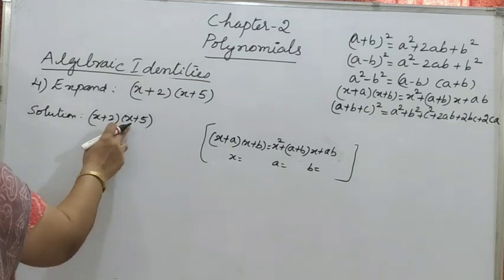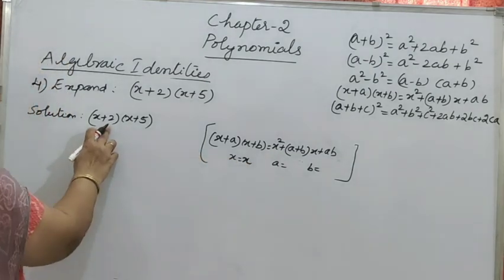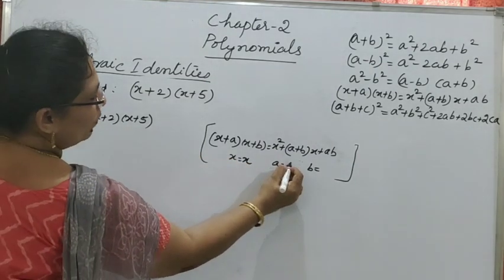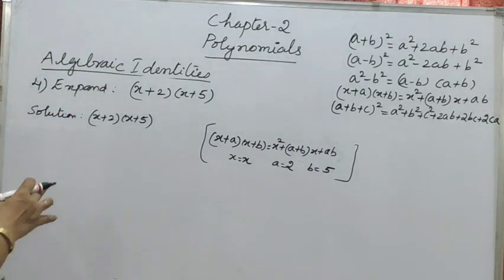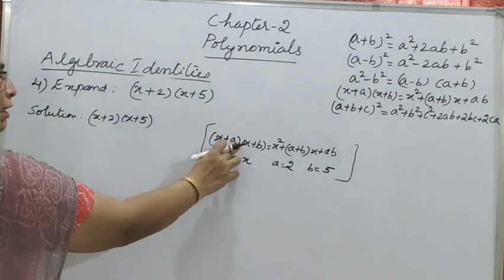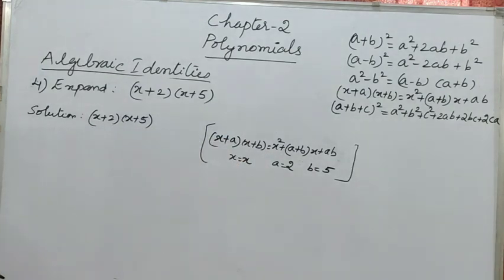In place of x we are getting x only, so x equals x. In place of a, we are getting 2. In place of b, we are getting 5. Now listen, when you compare the identity, here also we have both plus and here also we have both plus only. So there is no confusion, and we can go directly for the identity only.